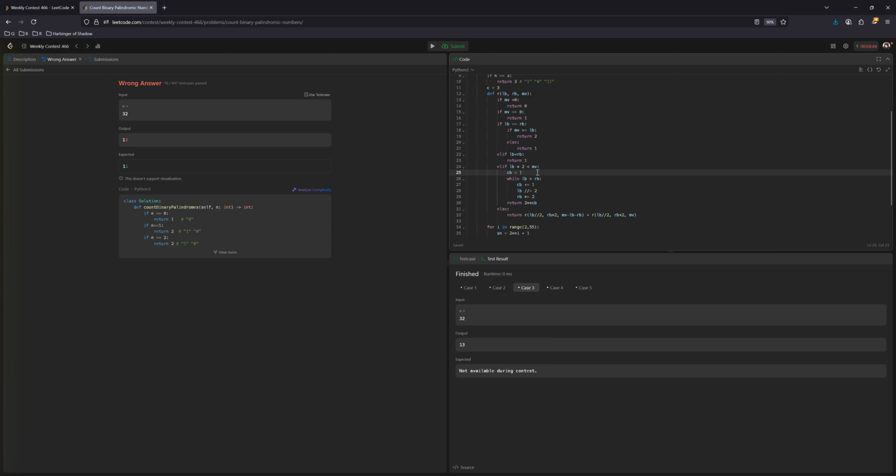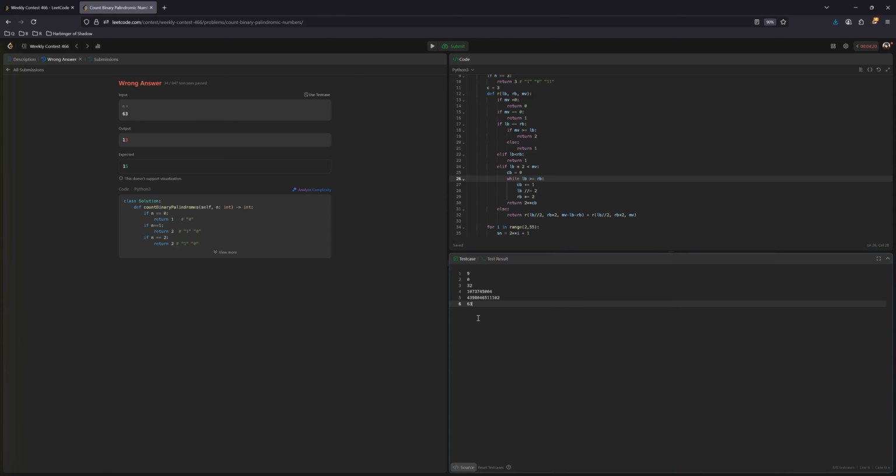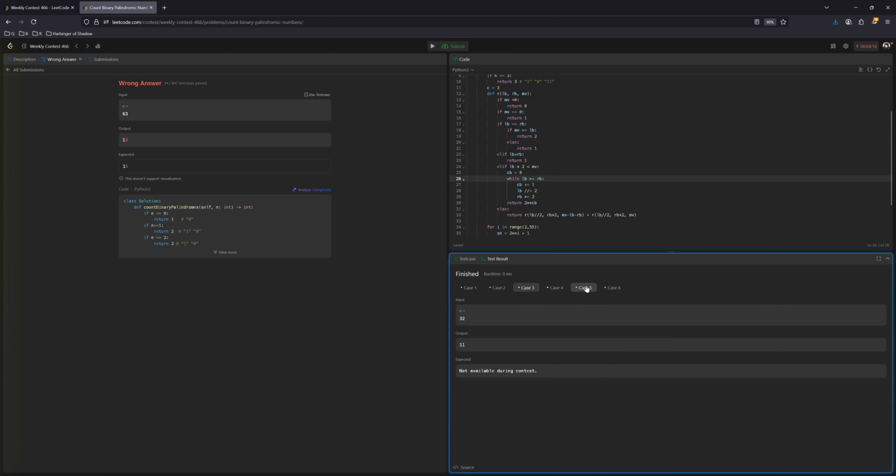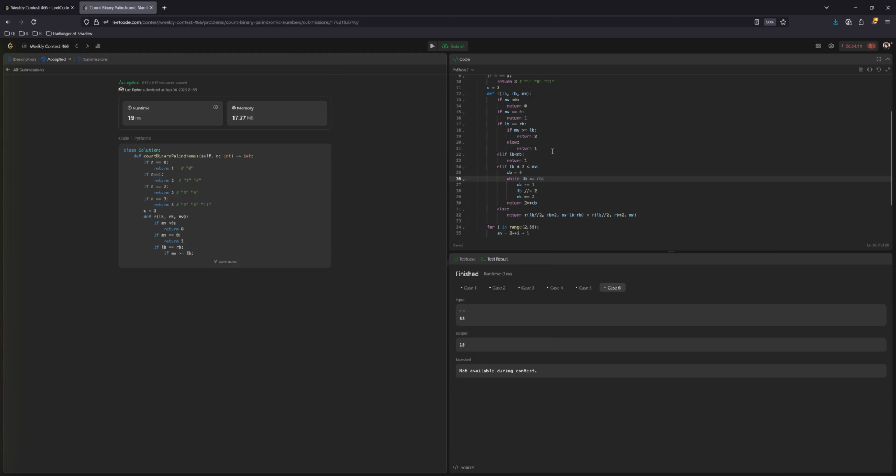Okay. Simple as that. Use test case. Expected 15. 63 gives us 15, right?